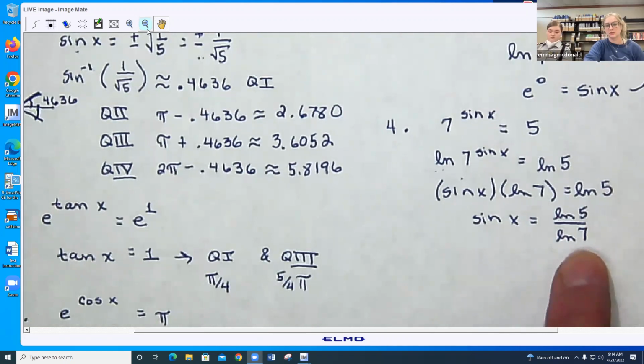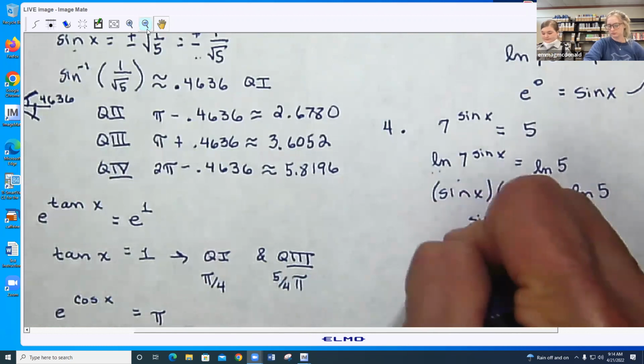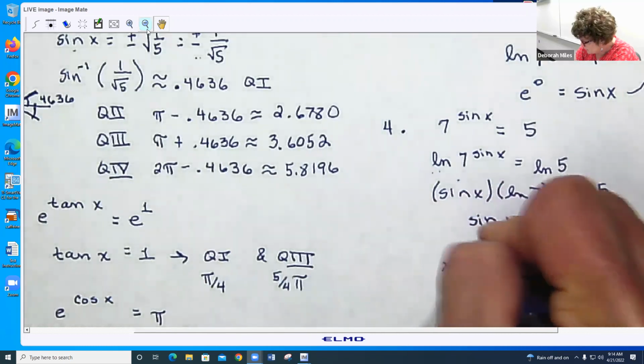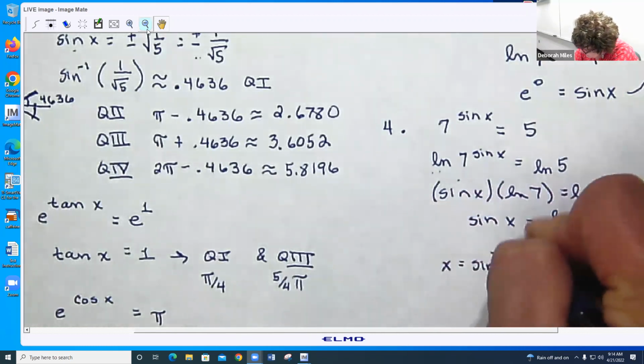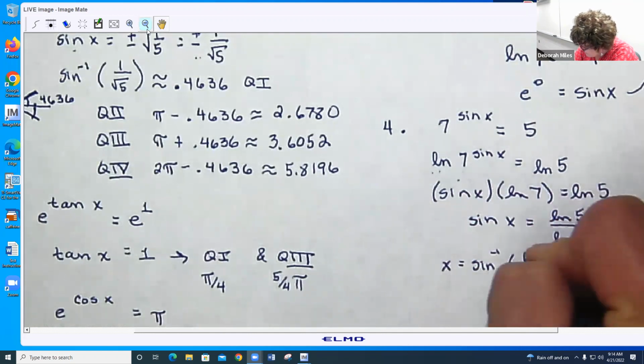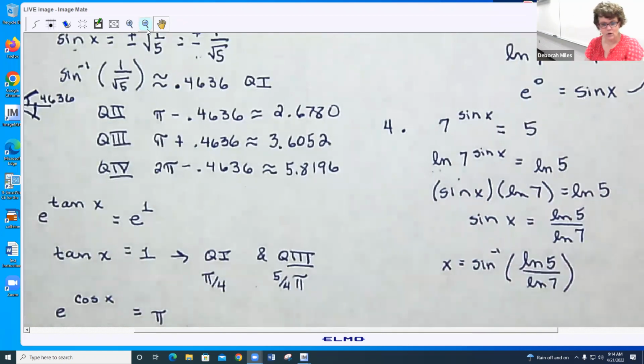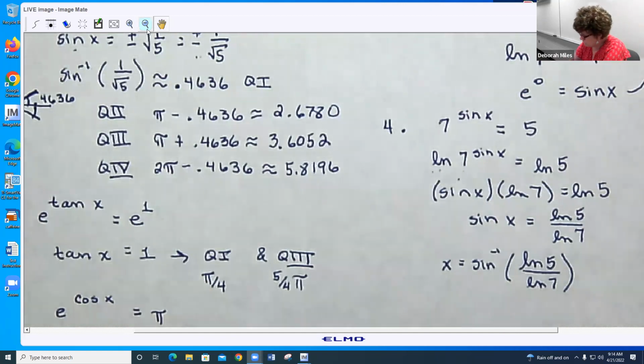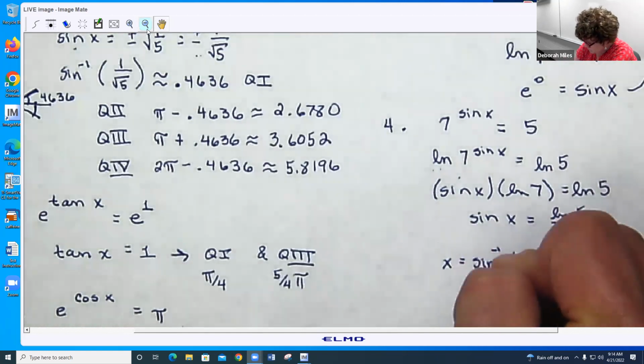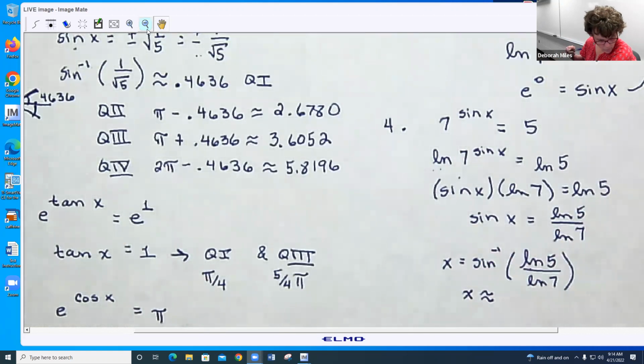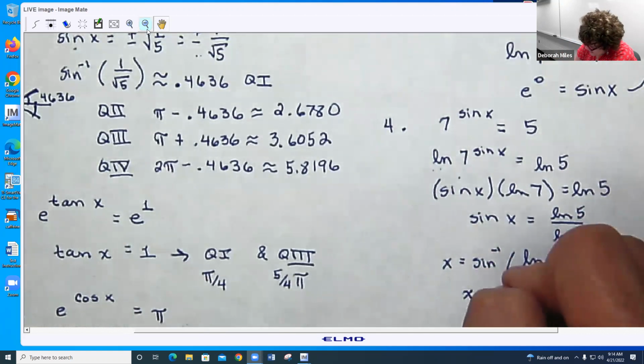Can you just take the inverse sine? Perfect. x would be the inverse sine of natural log of 5 over natural log of 7. And I got that to be 0.9739.